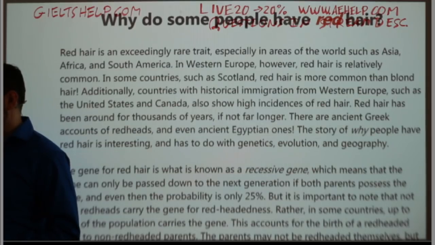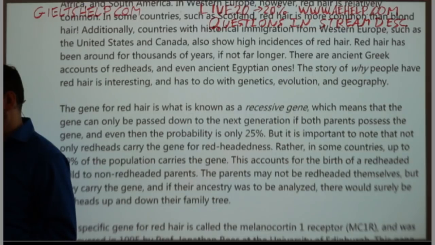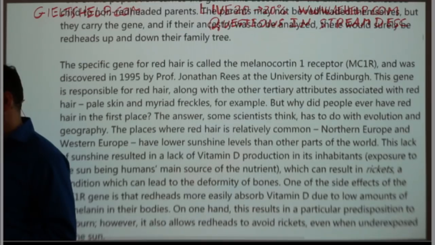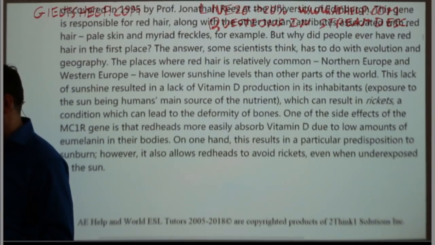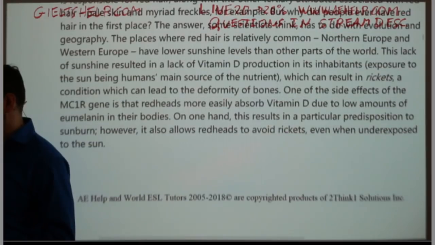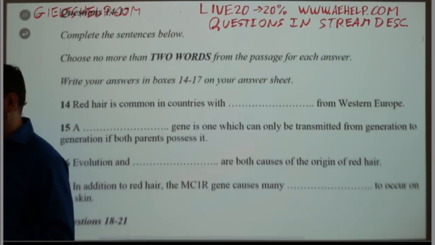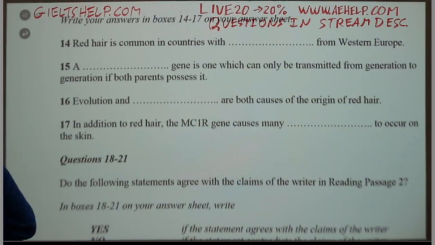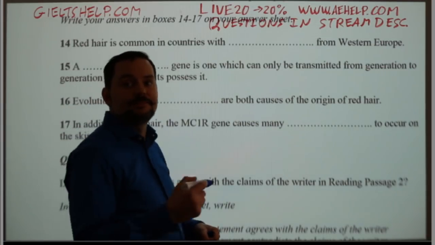Red hair has been around for, they're ancient Greek. Okay. So, yeah, I'm definitely having trouble finding it, so I'm just going to go with what was said by another student as well, because I feel that red hair is common in countries with low sunlight.